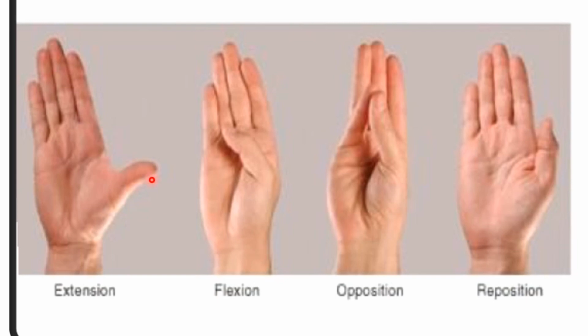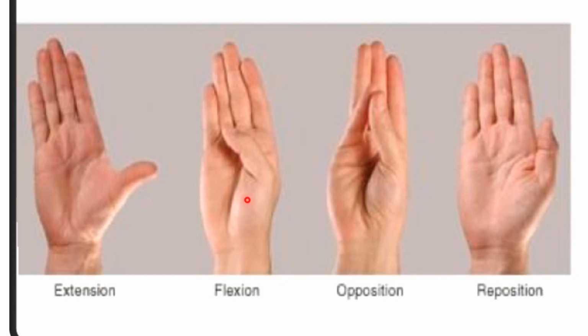The difference between extension and abduction is the thumb is moved away in the same plane as the rest of the fingers, but in abduction, the thumb is moved away in a perpendicular direction to the palm. So that's the difference. Movement here is abduction. Movement away on the same plane is extension. And the reverse movement is flexion.